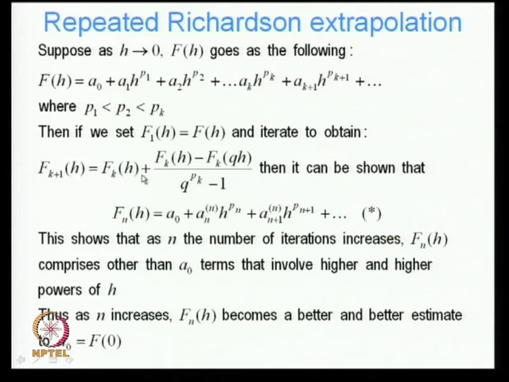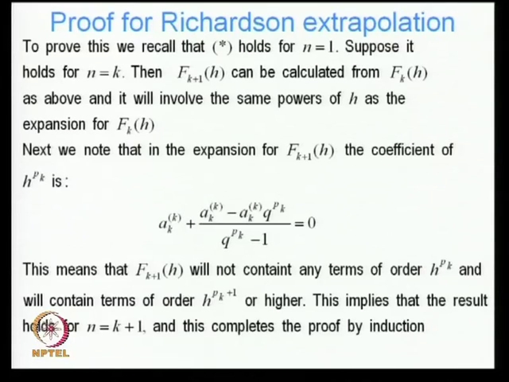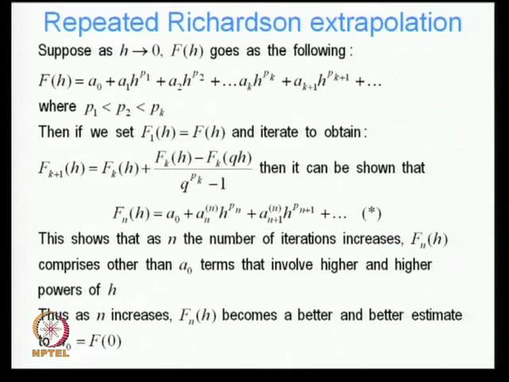So, if you add all these terms together, you will find that this is becoming 0. So, what does this tell me? This tells me that although I generated Fk plus 1 of H using Fk, I did not use anything else. I just got Fk plus 1 of H using Fk of H. It turns out that when I go through this operation, I have got rid of the first term in the series expansion for Fk.